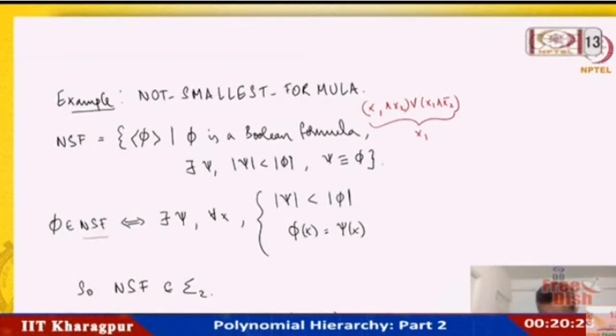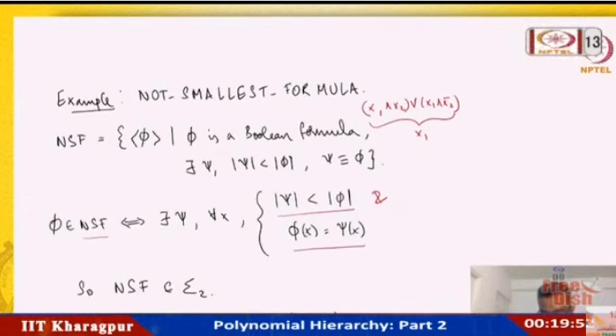So there is a smaller formula psi such that for all inputs x, phi and psi are the same, and moreover psi should be smaller than phi in size. So two things: psi should be smaller than phi, and for all x you want phi and psi to evaluate the same. So this is the logical representation of phi being in NSF.